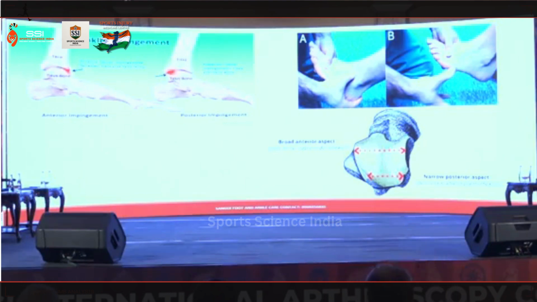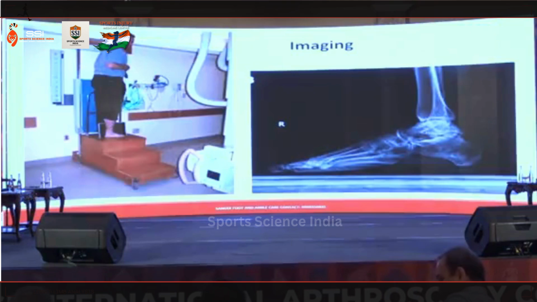Also, we all know that the talus is broad anteriorly and narrow posteriorly. So whenever you dorsiflex, the broader anterior part comes in contact with the tibia and can cause increased forces and pain. Now, imaging. It is very important to get standing x-rays for all your foot and ankle patients with pain, and the lateral x-ray is the most important to diagnose anterior impingement.